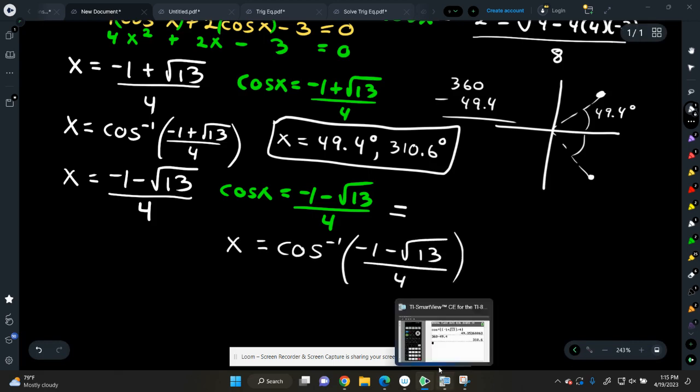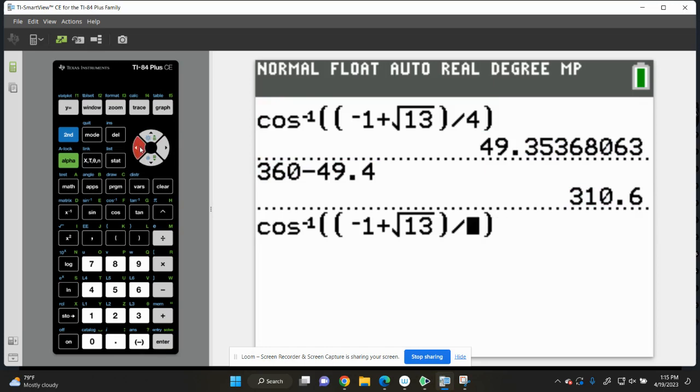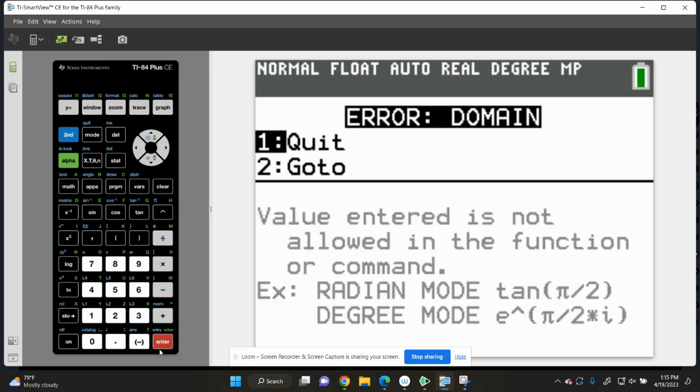Okay. Go back to our calculator. And we're going to change this to minus root 13. And what happens? Any idea what the problem is here? It's a domain error.